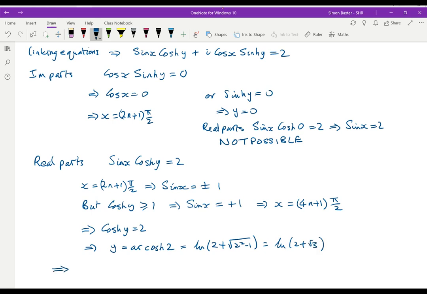And so the solution of my equation is that z is equal to x, which is 4n plus 1 pi by 2, plus i times y, which is log 2 plus root 3. So not only is there a solution to sin z equals 2, there's an infinite number of solutions. n can be any integer.